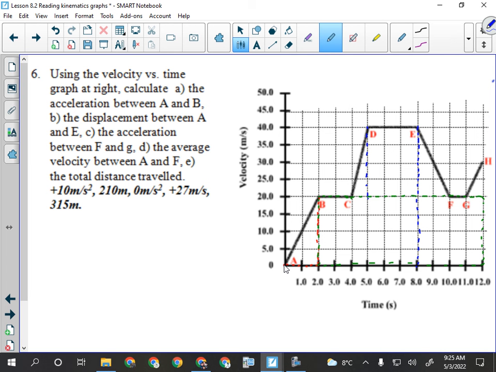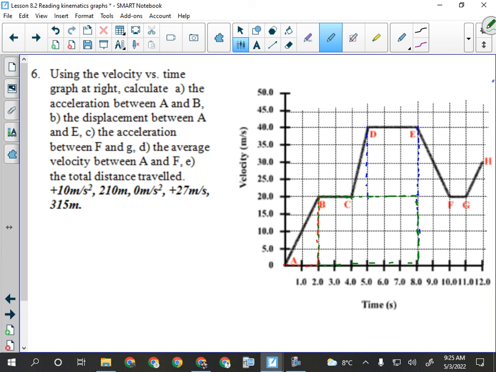Over the rest of the trip, obviously, we've got these two other little triangles here and here. Okay? So that's up to you. I would say between A and E, you're looking at four shapes. Two triangles, two rectangles between A and E.